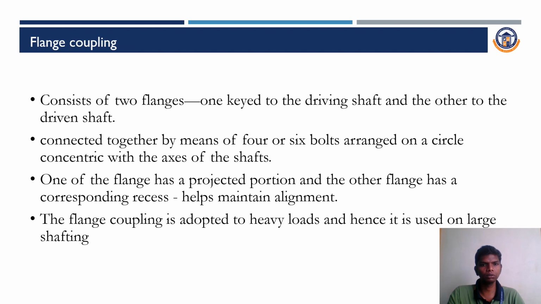They are connected together by means of four or six bolts arranged on a circle concentric with the axis of the shaft. One of the flanges has a protected portion and the other flange has a corresponding recess. The flange coupling is adapted for heavy loads and hence is used for large shafting.